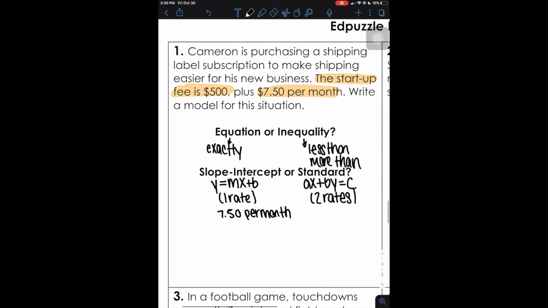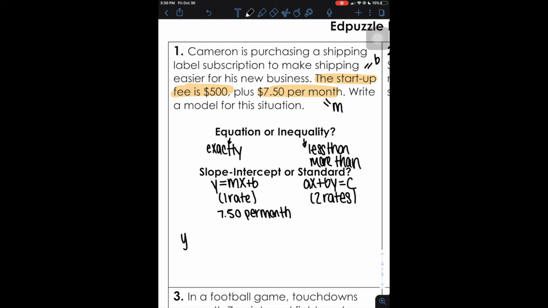So now I just need to substitute, and I can go ahead and write this, since I know that this is my rate. That would be my M variable, because that's what M stands for. And the startup fee being $500, that would be my B, because that's like the starting point, and I have to pay that fee regardless.